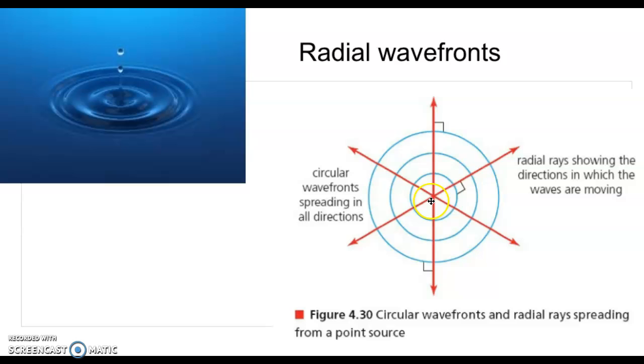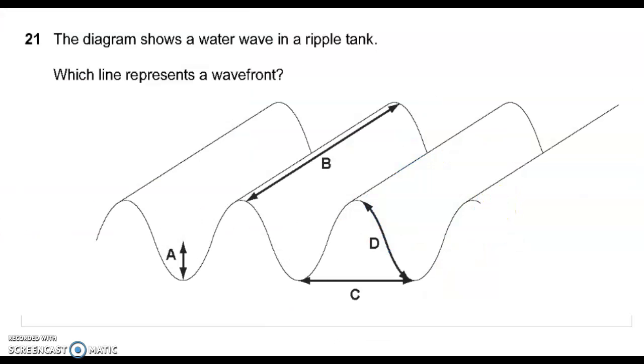And so therefore, the wave fronts, to compensate for this variation in motion, create this circular pattern. So a radial wavefront is circular because the motion is perpendicular to the wavefront direction.